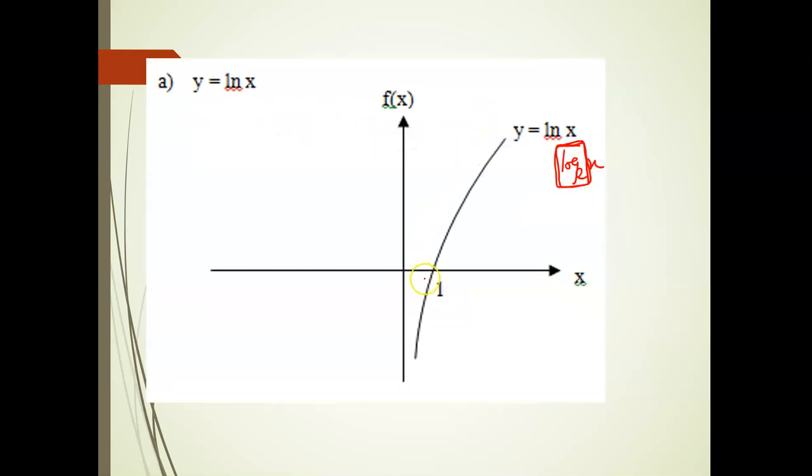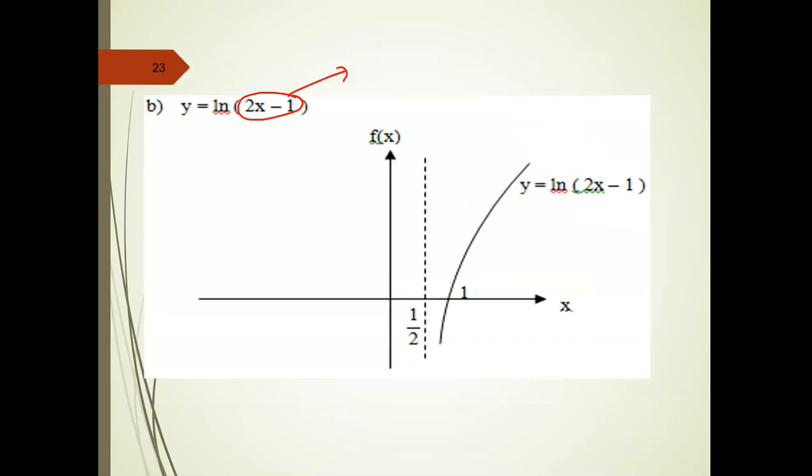If we look at here, our domain, x will not touch this line. x cannot be 0. If you don't believe, try pressing ln 0 in your calculator. You cannot get the answer, right?